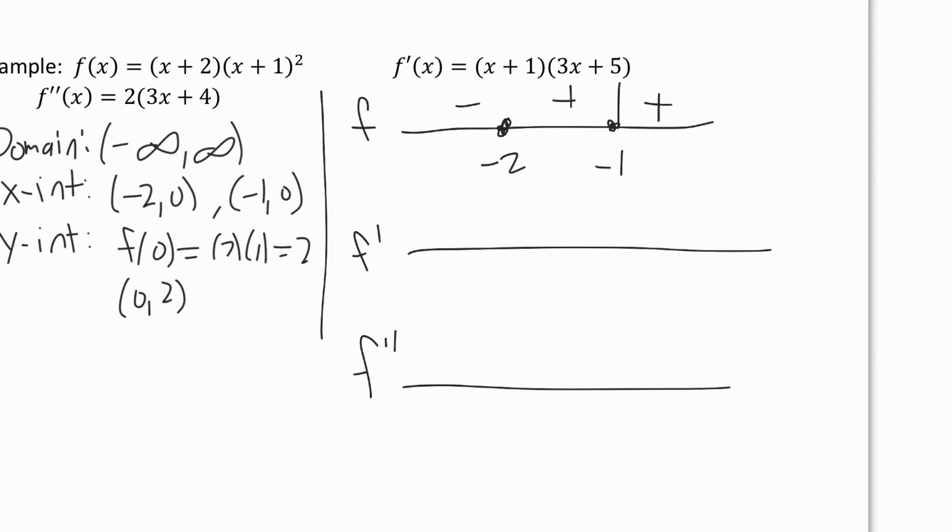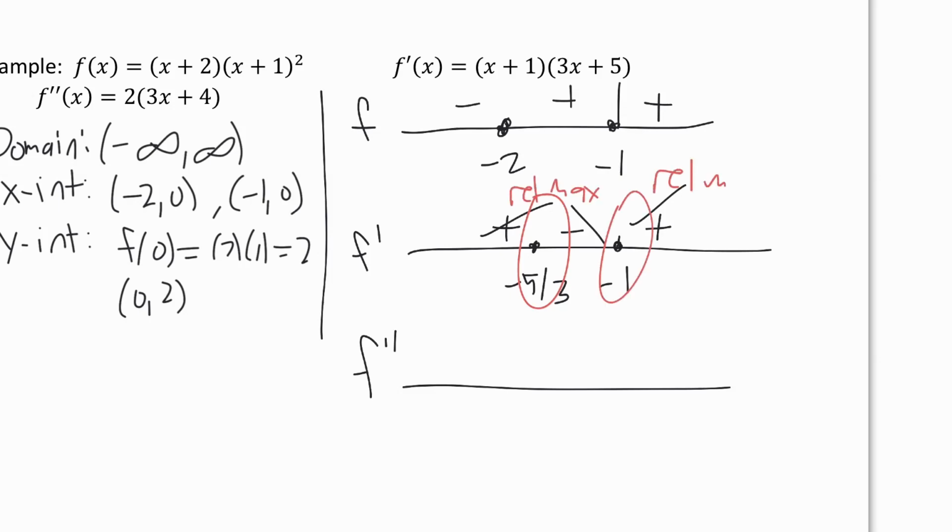For the derivative, we've got -1, and now -5/3, that's going to be a little bit less than -2, so put it about here. Again, we're going to get positive, negative, positive, so increasing, decreasing, increasing. We get ourselves some definite relative maximum and minimum. Right here, we're going to get a rel max, and right here, we're going to get a rel min.